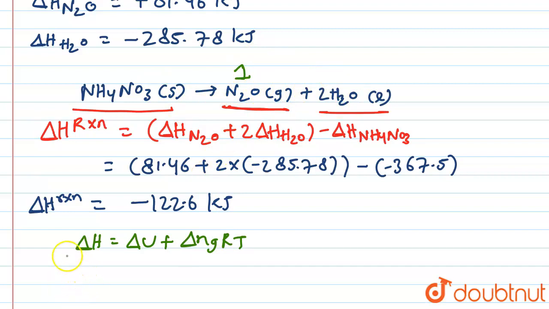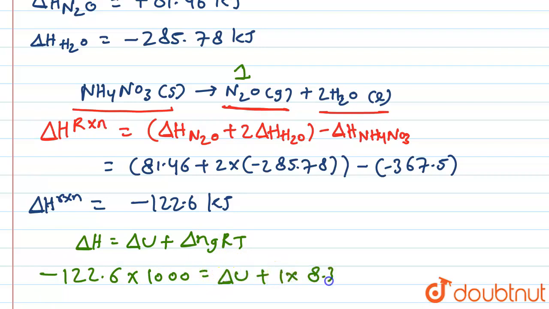So if I put the values in this equation, minus 122.6 into 1000 equals delta U plus 1 times 8.314 times 298, that is our temperature, which is given as 25 degrees Celsius. If I convert it into Kelvin, it will be 298.